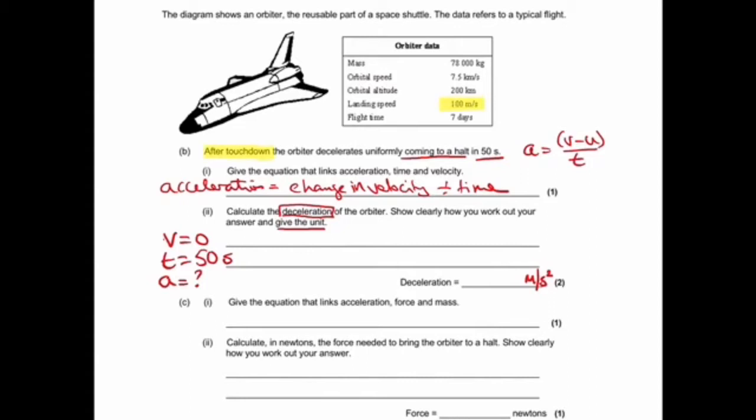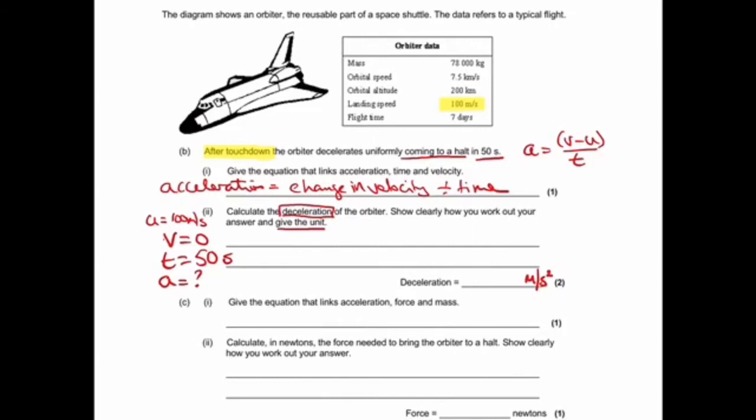If you look at the question, it says after touchdown. So we're talking about what happens after the orbiter has landed. So to pick that out of the data, we need the landing speed of 100 meters per second. So the initial speed was 100 meters per second.